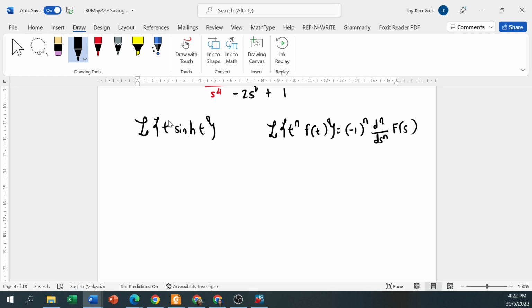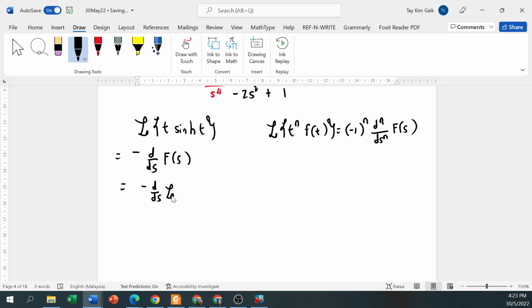So here t power 1, so negative 1 power 1, which is negative. n is 1, so that's why it's negative d/ds F(s). Plug in n is 1, so you get negative d/ds F(s). What's F(s)?